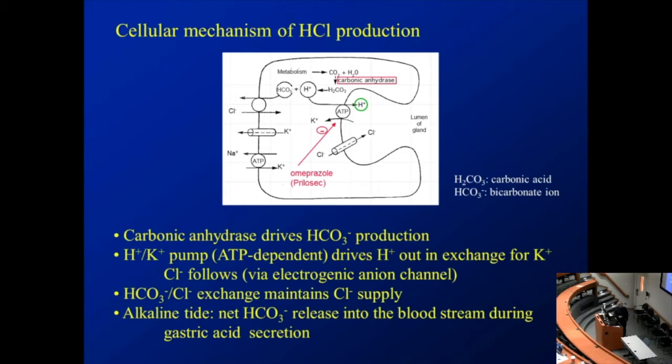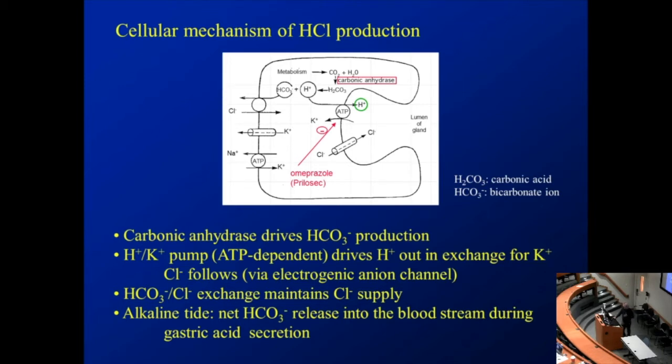Basically, CO2 is always produced in cells through metabolism. Water is always present. These two compounds, CO2 and water, are at equilibrium with carbonic acid. And this enzyme, carbonic anhydrase, catalyzes and accelerates the production of carbonic acid.